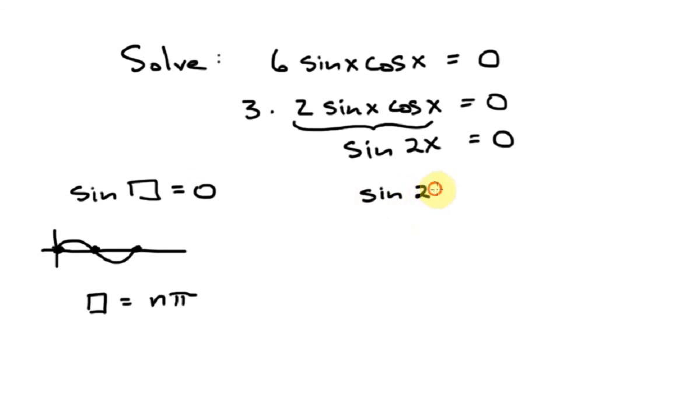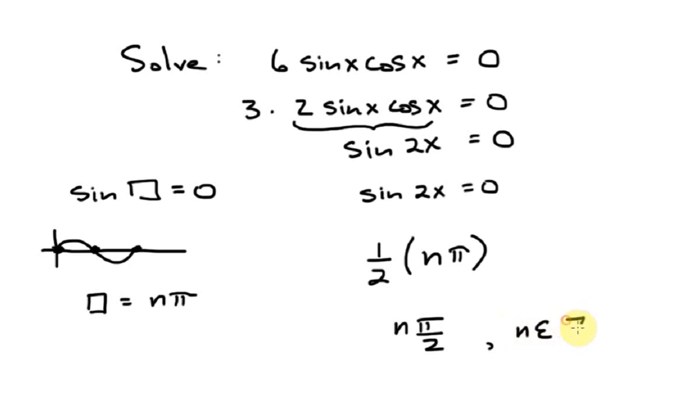I've got sine of 2x equals 0. So what effect is this 2 having? Well, it's taking my whole graph and scrunching it up by a half. So I've got to go 1/2 times my answer. So my answer is going to be n times pi over 2, where n is any integer.